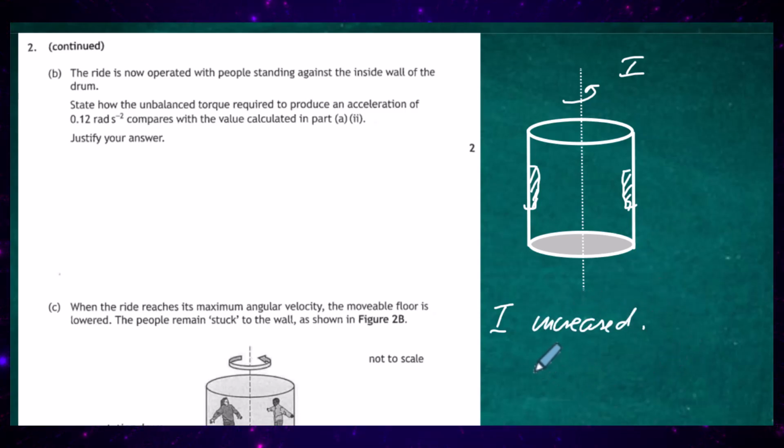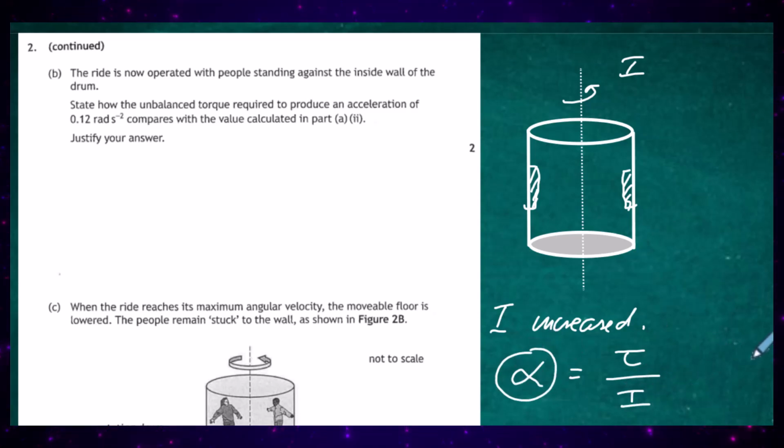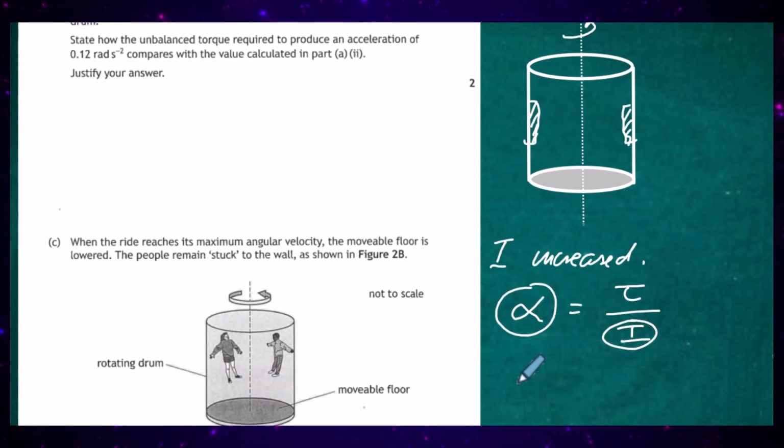Now, according to the equation, the angular acceleration is equal to the torque divided by the moment of inertia. So to keep the angular acceleration the same, if you have increased the moment of inertia of the drum with the people at the side, then you have to increase the torque.